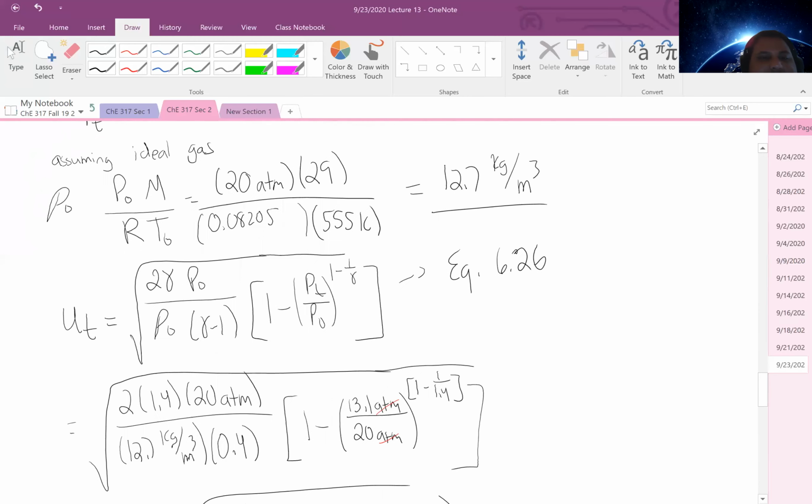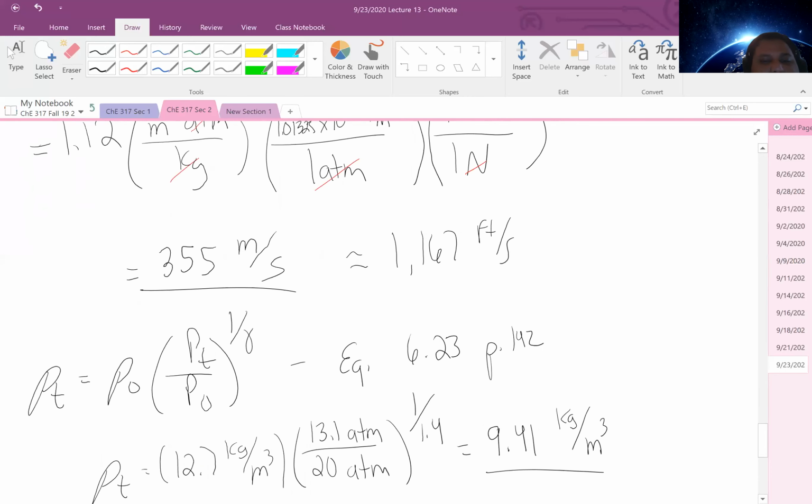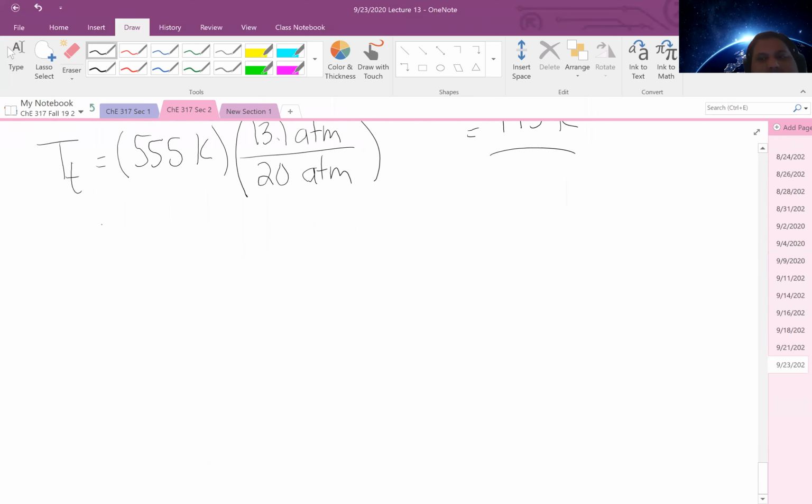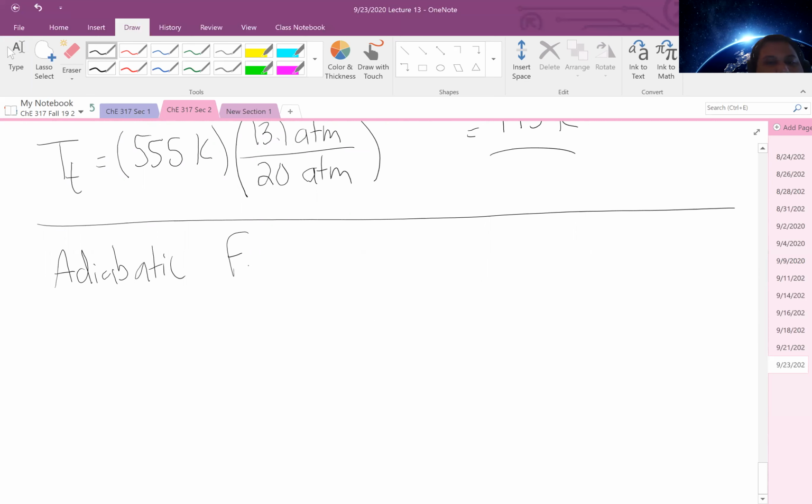If not, let's consider briefly an analysis of adiabatic frictional flow.